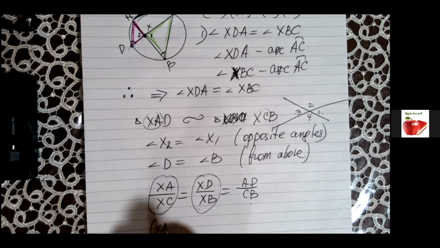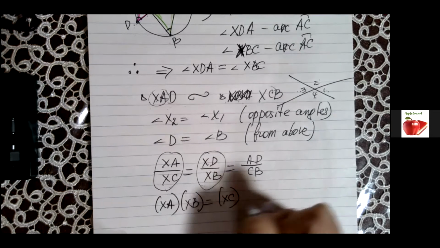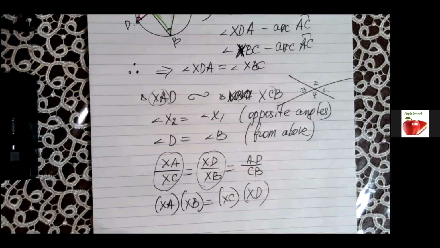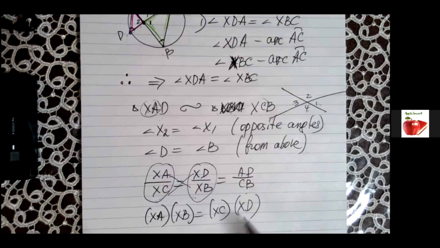I will have XA times XB equal to XC times XD, right? Cross multiplying. And we proved exactly what they asked us to prove, that XA times XB is equal to XC times XD.